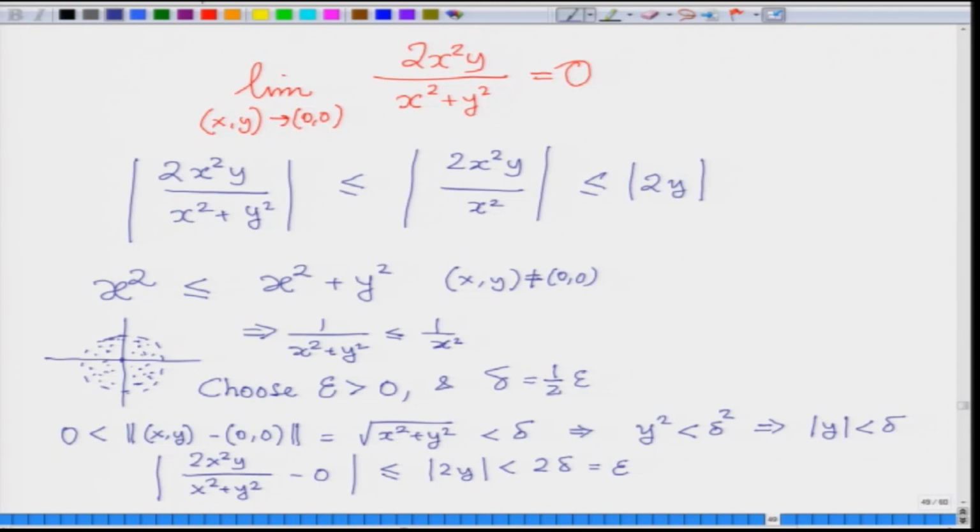Now, for the remaining points we have this inequality, which means in this case basically I want to say that x is not equal to 0 and y is not equal to 0.